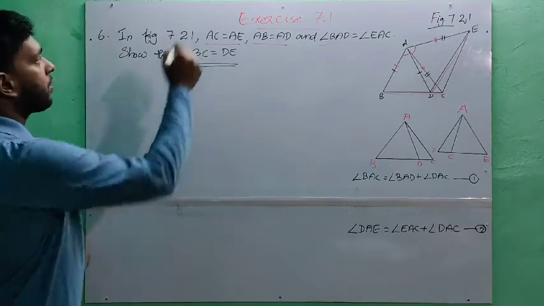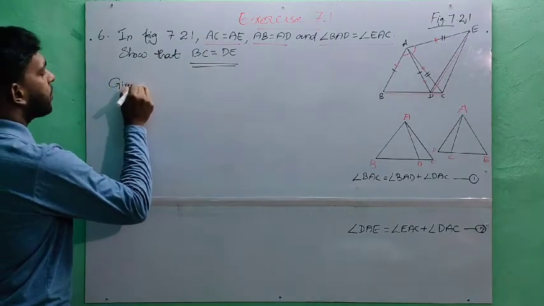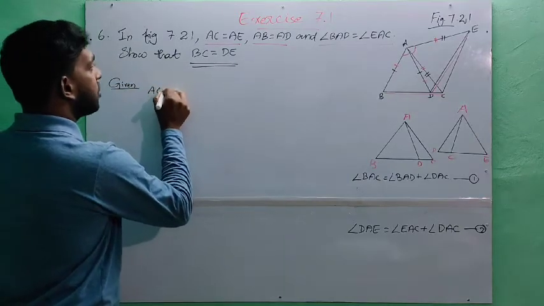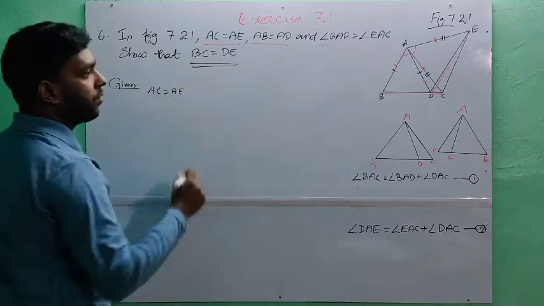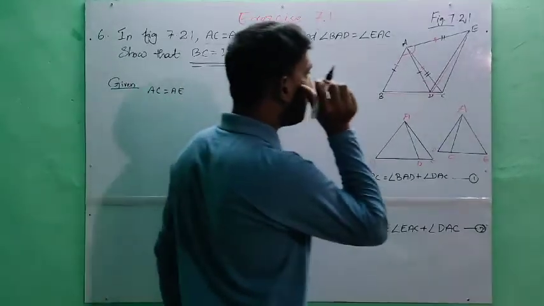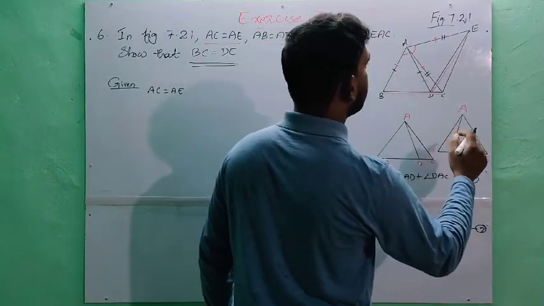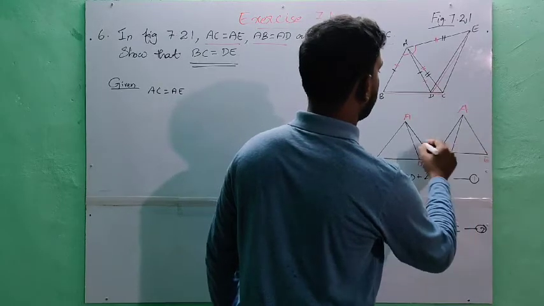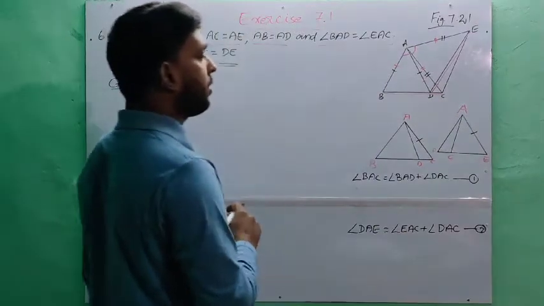And before that, let's note down the given things in the question. The question gives AC is equal to AE. We have located it.